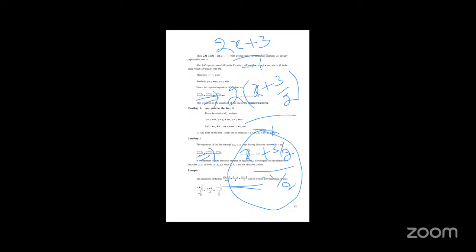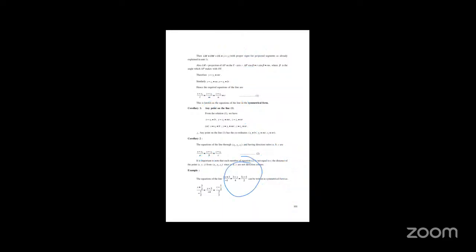In the same way here, 3 minus y by 4. How can we write that? 3 minus y we can write as minus of y minus 3, so y minus 3 by minus 4.